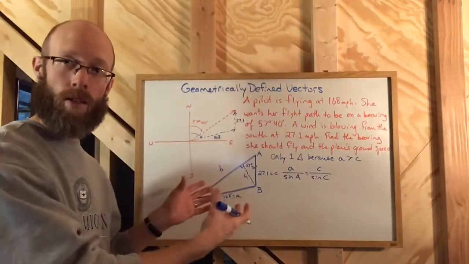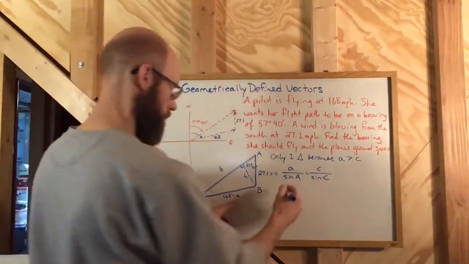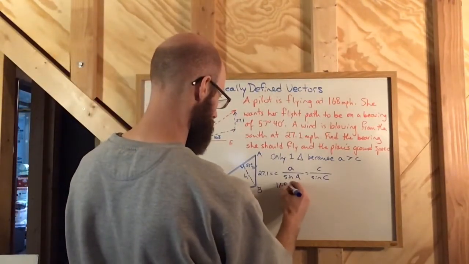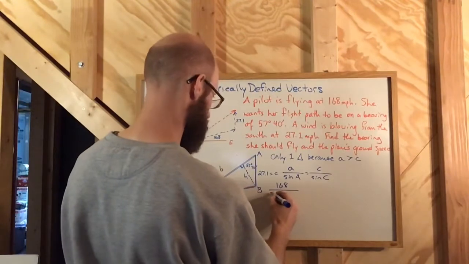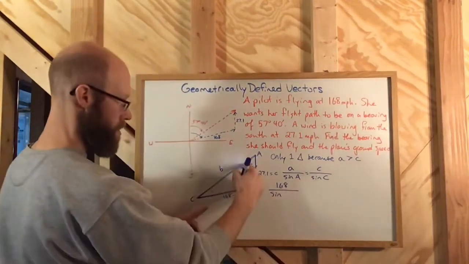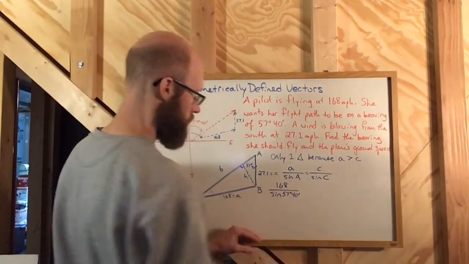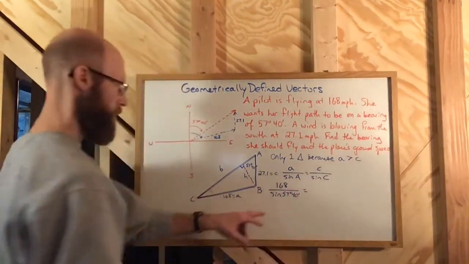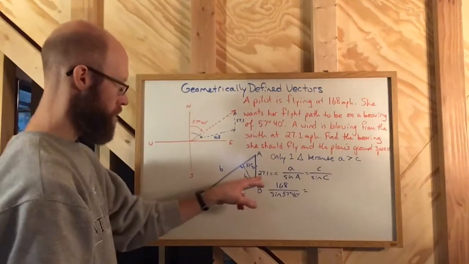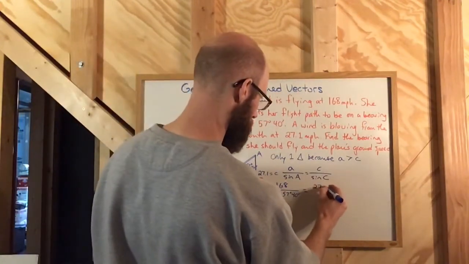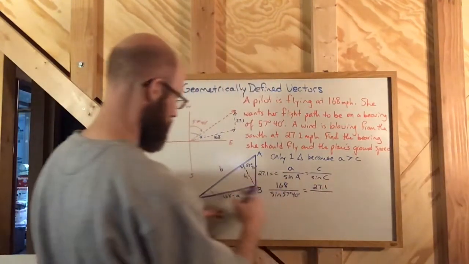And so I plug in the 3 things I know, which are side A is 168. The sine of A is the sine of 57 degrees 40 minutes. Side C is 27.1. And angle C we don't know.